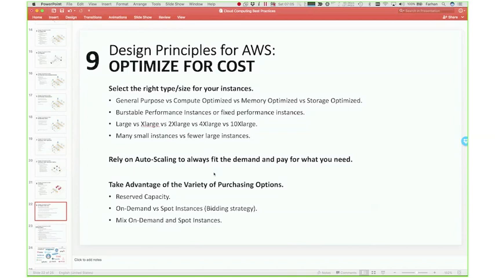Now, in contrast to on-demand instance, there is another type of instance called a spot instance. Spot instances are certain type of instances that Amazon makes available due to the excess capacity in the data center. They are going to waste. So Amazon tries to sell those instances using a bidding strategy, and you can always make use of those instances.